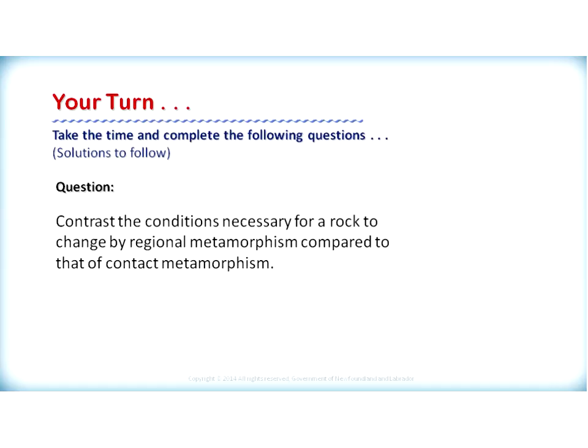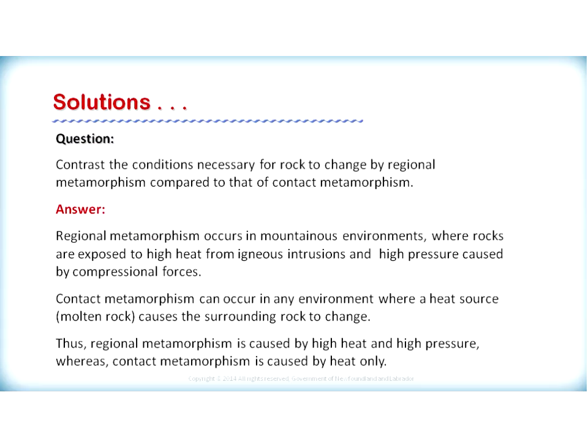So one thing that we need to look for are the conditions necessary for a rock to change by regional metamorphism as compared to contact metamorphism. So we're going to contrast contact metamorphism with regional metamorphism by identifying the conditions necessary for both types of metamorphism to occur.